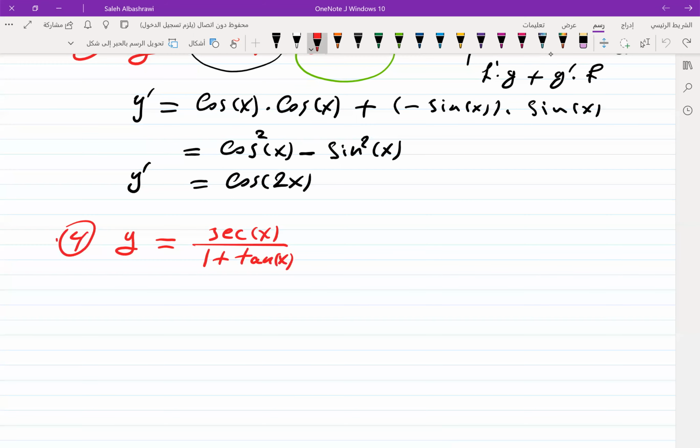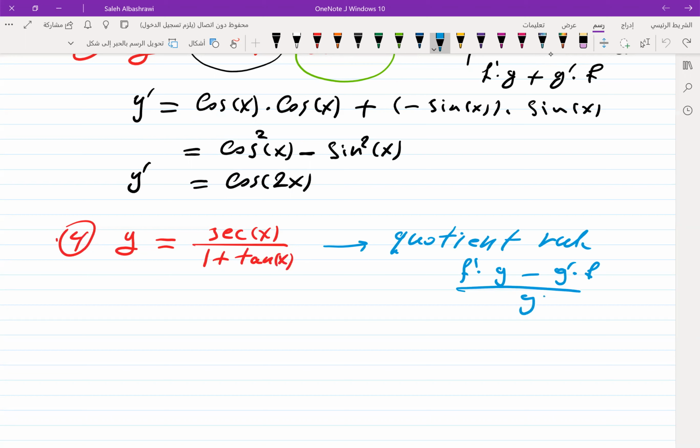This is a rational function, so we need to apply the quotient rule. That is f prime g minus g prime f divided by g squared.